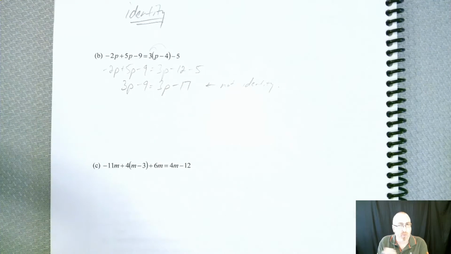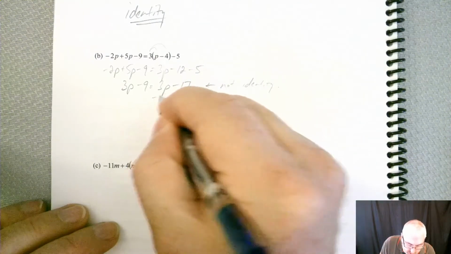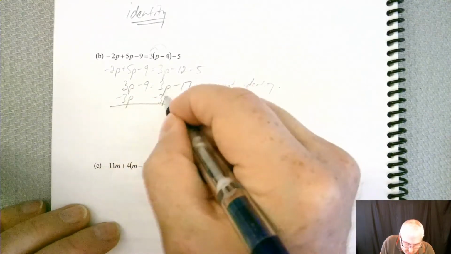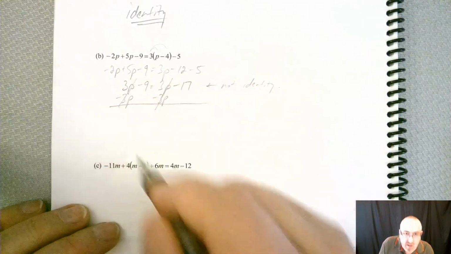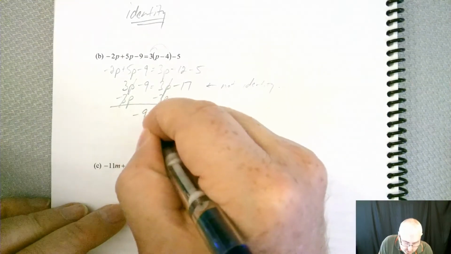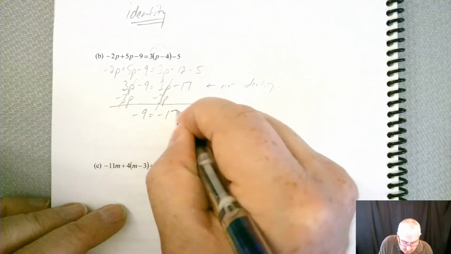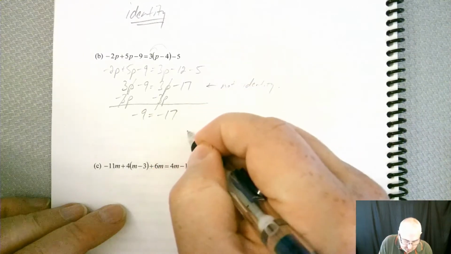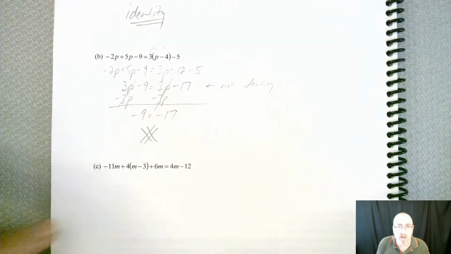Okay, so what do we do now? Well, normally we work with the variables, right? We try to get them all on the same side. So let's try that. If we wanted to subtract 3p from both sides, though, you can see that the p's cancel out on both sides. So all you're left with is this weird statement that negative 9 equals negative 17, which we know is not true whatsoever.